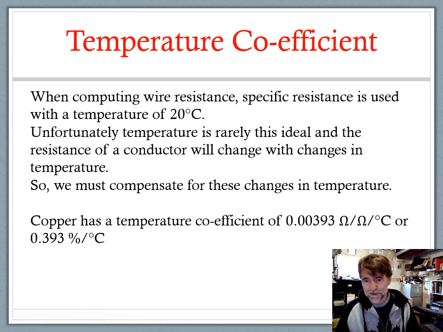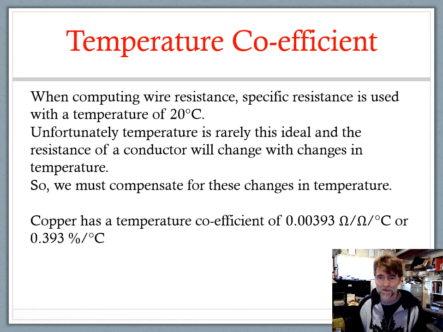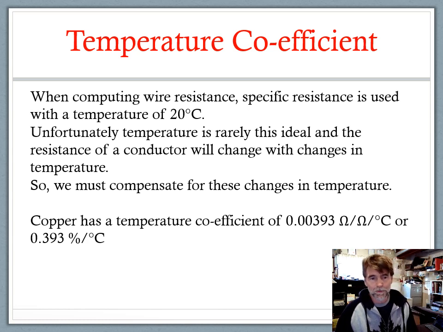But it's the first number, 0.00393, that we must use when we do the math. When we change a number into a percentage, it just means we're moving the decimal place 2 spots. And so we end up with 0.393% per degree Celsius.